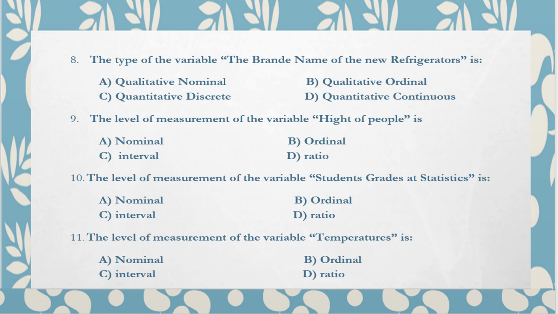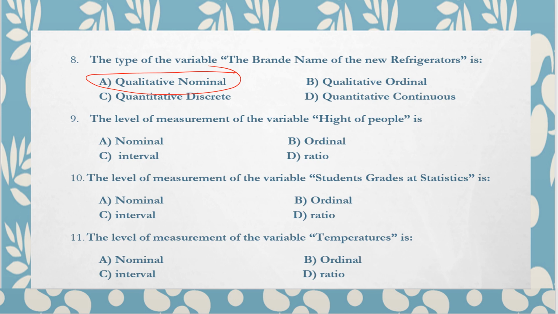The brand name of the new refrigerators is. The brand name here is a categorical or non-numeric data, so it's a qualitative data and cannot be arranged as its names. So there's no arrangement in these data, and so we can say that this variable type is a qualitative nominal variable, and the correct answer is A.